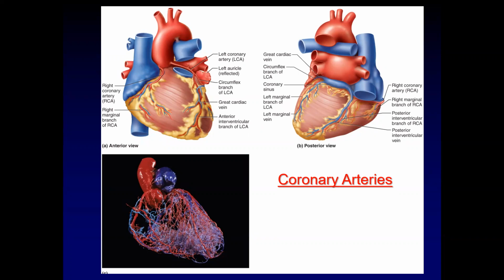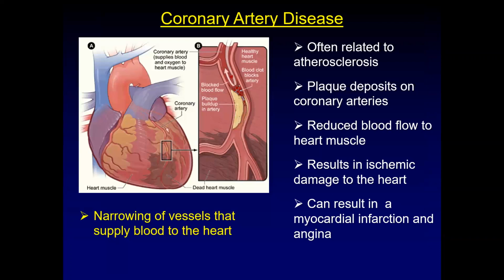Okay? So when you have coronary artery disease, you're going to have problems in these arteries. And if they're in some of the larger ones, then it can affect all of these little tiny ones downstream. Okay? So primarily, coronary artery disease is related to and caused by what's called atherosclerosis.